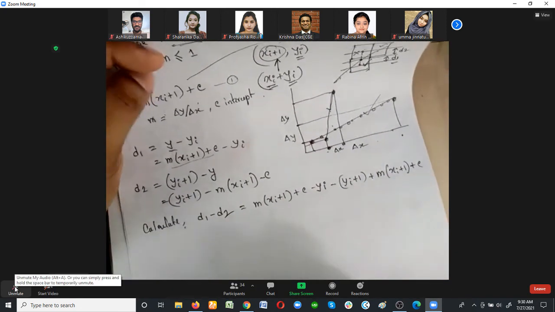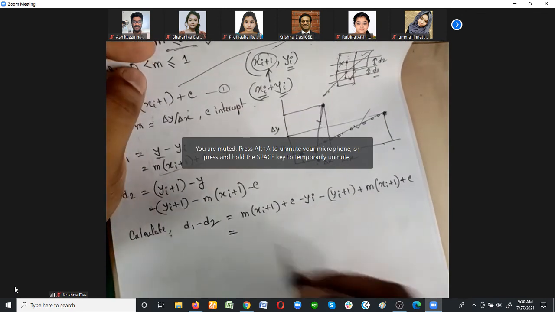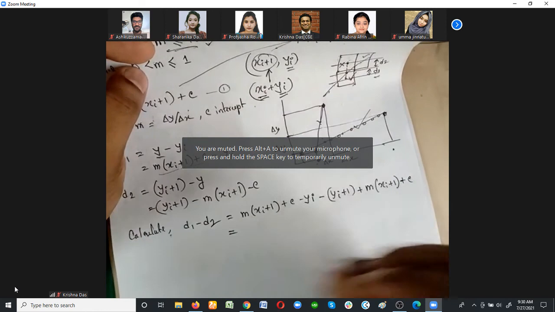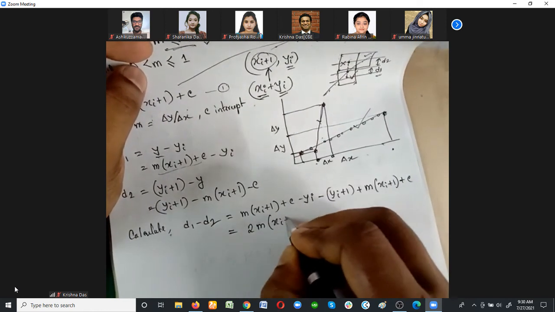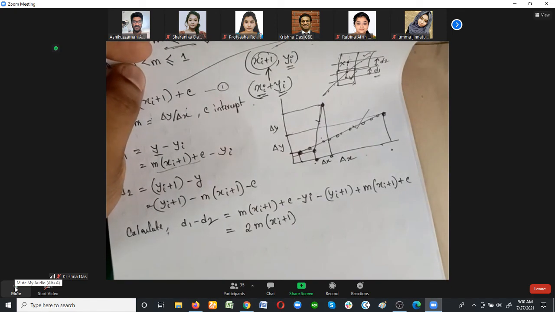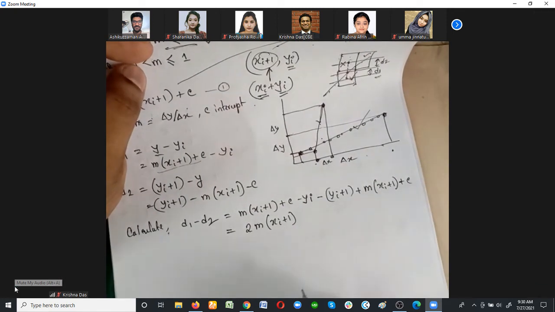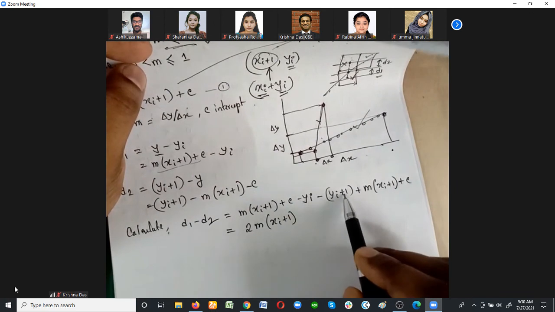If we do the simplification of that equation, then we get 2m xi plus 1, plus 2c. What about the y? You can see here that y also gets minus, and this should be plus, isn't this should be minus as well?